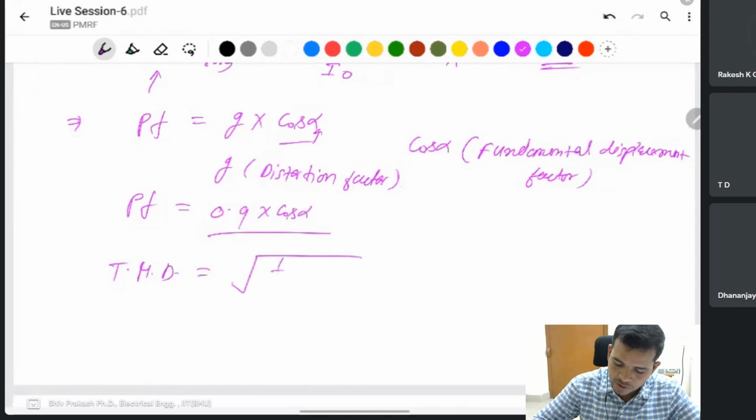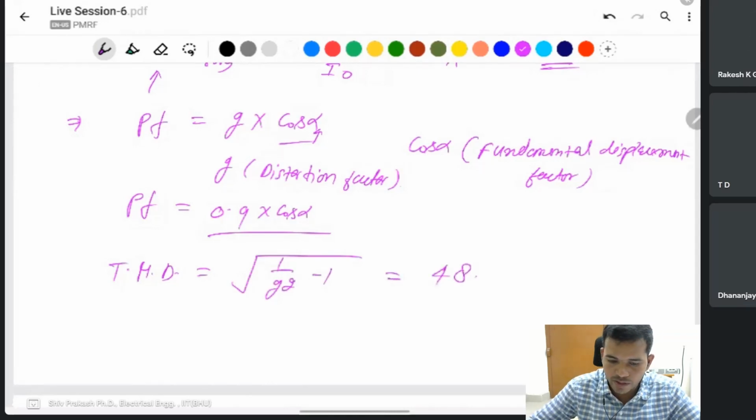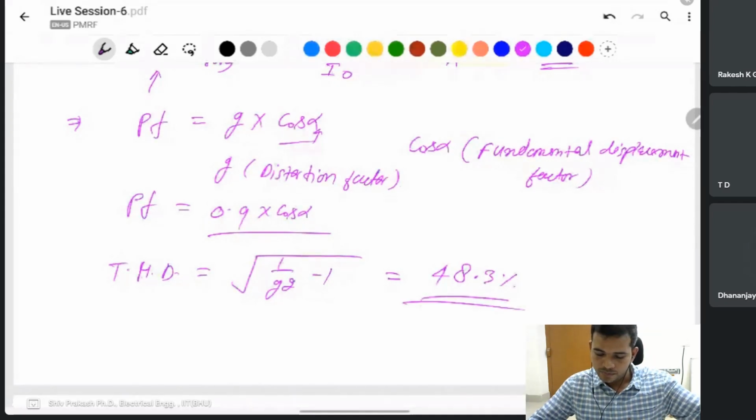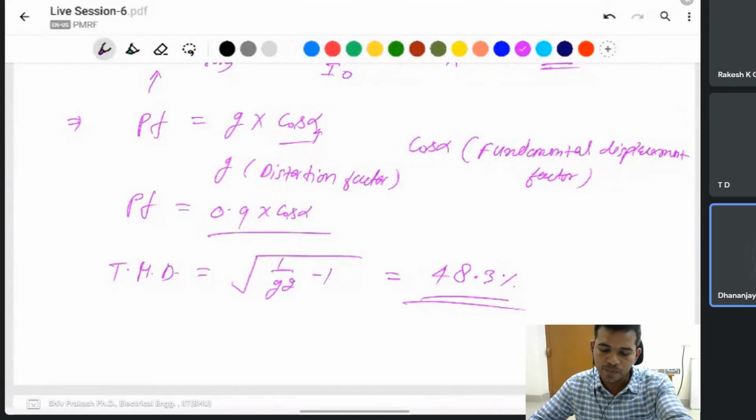You can calculate THD as 1 upon G square minus 1. This one is approximately 48.3%, if the output is a pure DC value.